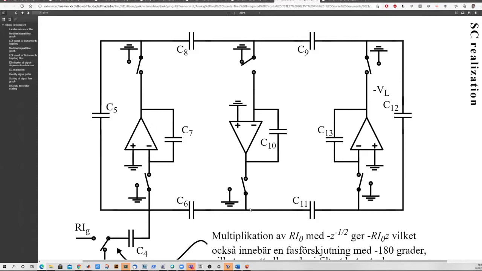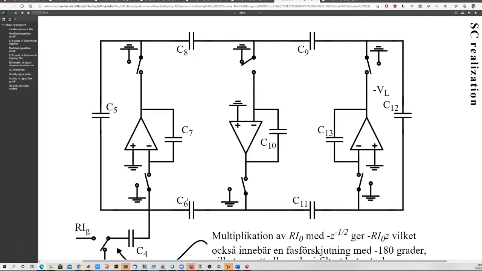Notice also I can use the switch to switch 2 caps here connected this way. I could also push the switch forward if I like to and have replicas of the switches in the C6 branch and C11 branch, but switch sharing is quite useful, so we can move it.